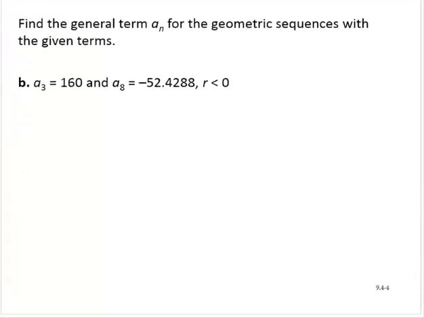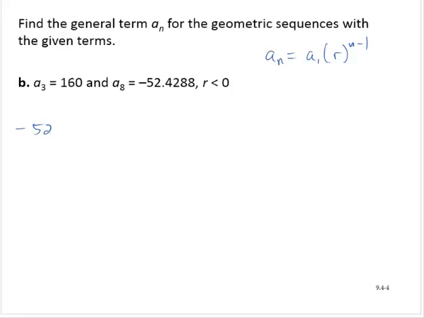Let's see another example. Here we have a sub 3 is equal to 160, and a sub 8 is equal to negative 52.4288. Again, recalling that a sub n, since we have a geometric sequence, is a sub 1 by r to the n minus 1, we can write these as two equations. I'm going to use the second equation first.